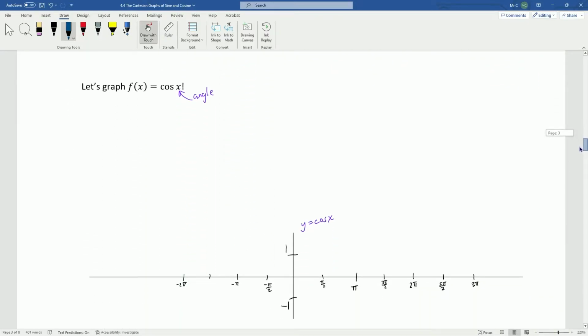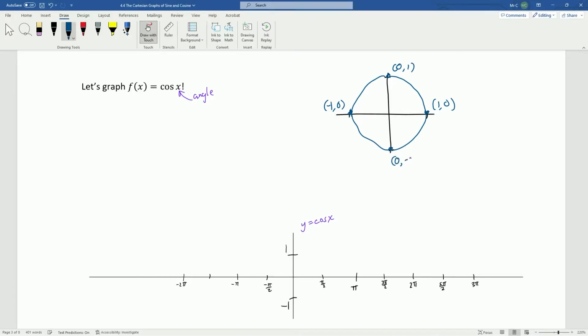Okay, now let's graph cosine. So again, when you go to graph cosine, this should be something that you can do really quickly because you know the quadrantal values for cosine, right? We look at these points and it's 1, 0, 0, 1, -1, 0, and 0, -1.